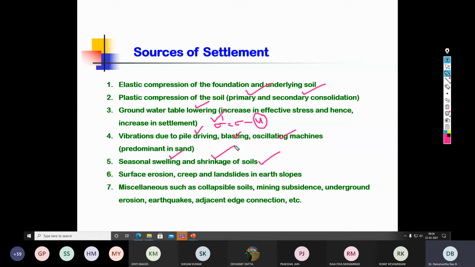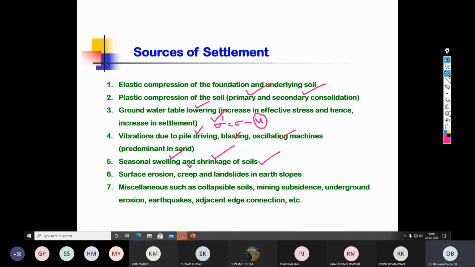You can understand, if the soil is absorbing water, the volume is increasing. This can be correlated with one of your soil mechanics experiments, that is, consistency limits. When you performed consistency limits, you did not change the volume of the soil.